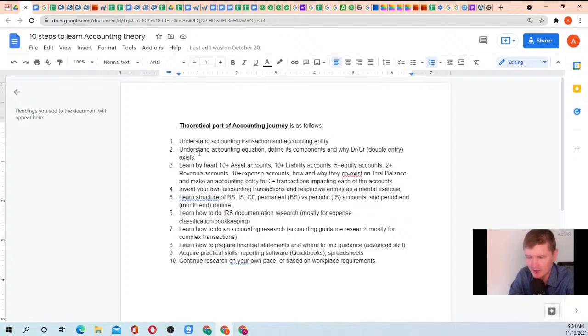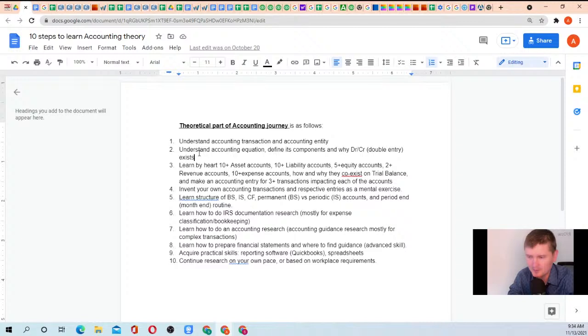To maintain that balance, you need your debits to equal your credits. Assets increase by debits and decrease by credits, and liabilities and equity increase by credit and decrease by debit.